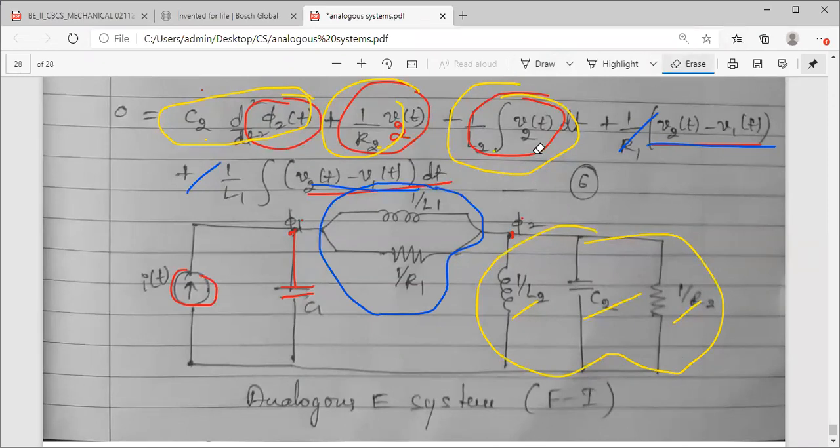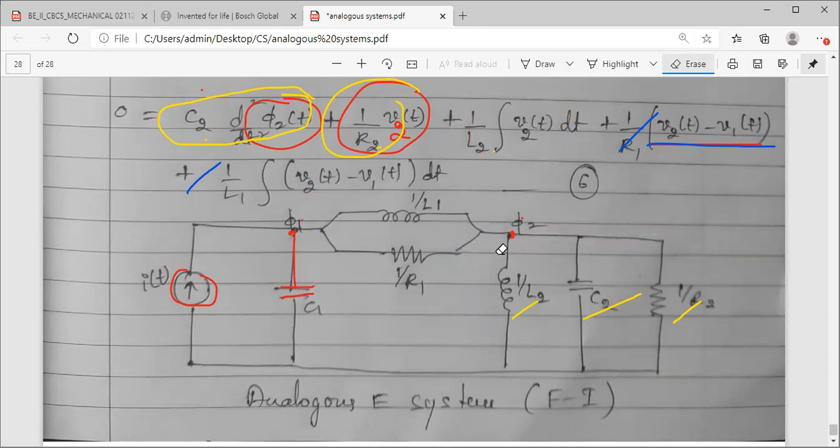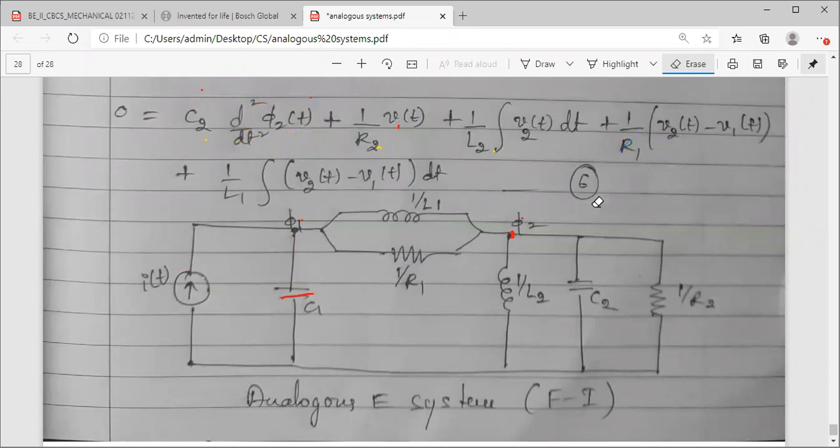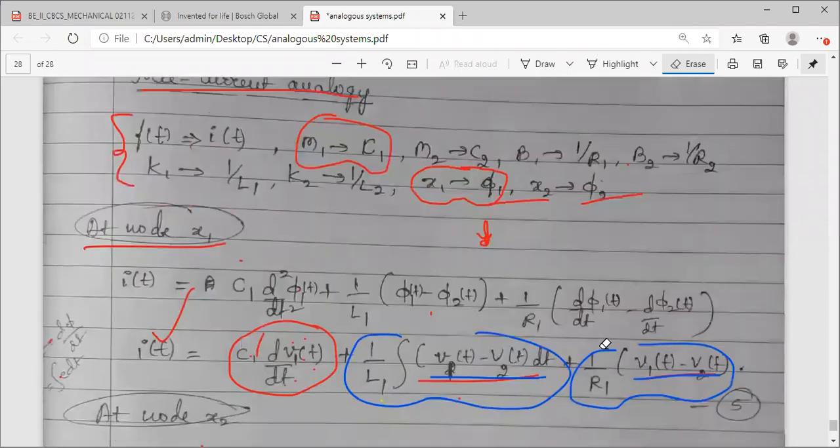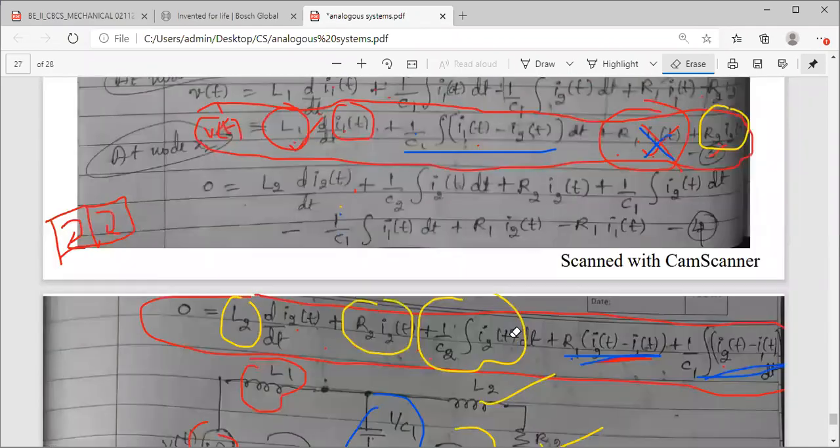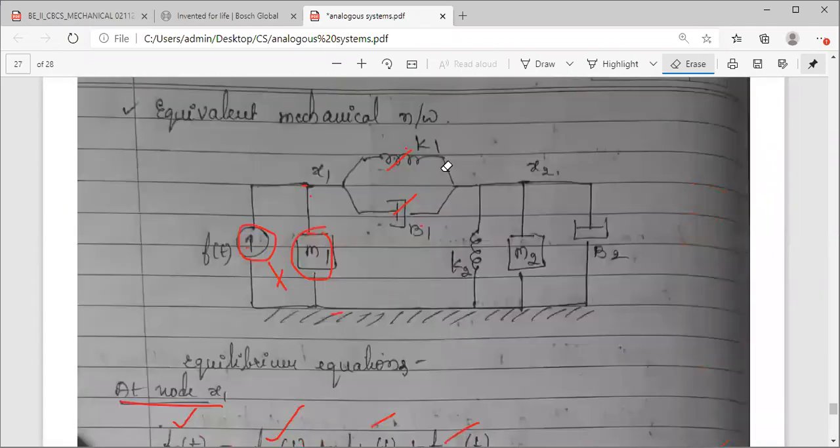Okay. Now if I try to compare this force current with your equivalent mechanical network, compare करो, आप directly draw कर सकते हो इसको. There are two methods. Either आप directly draw करो या फिर equations देख के draw करो. This one. ये हमारा equivalent network है. See, there are two nodes. First node को दो elements parallel हैं.